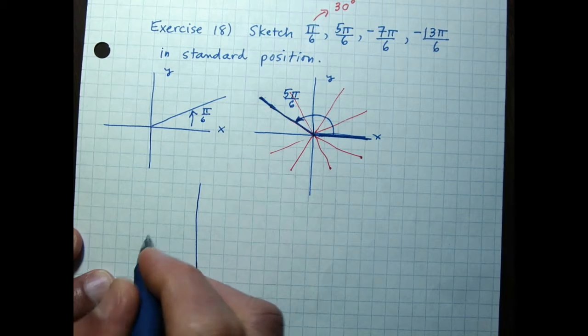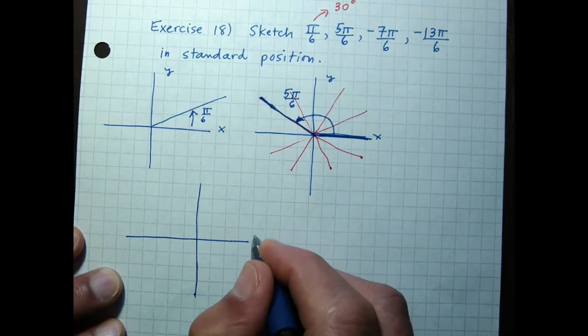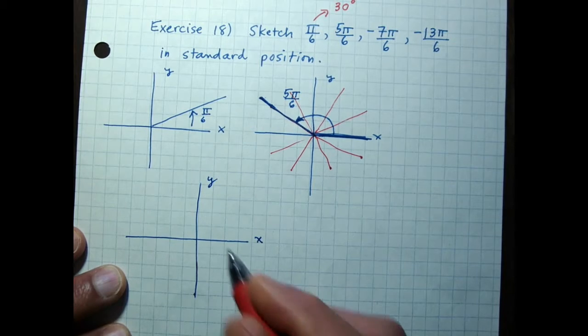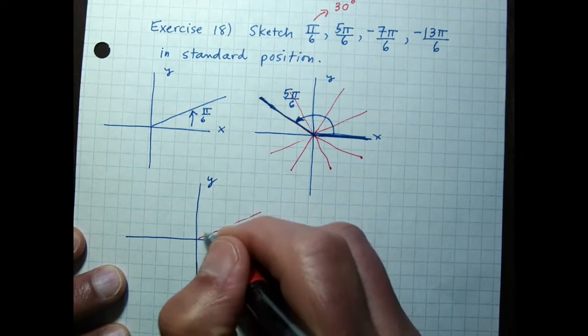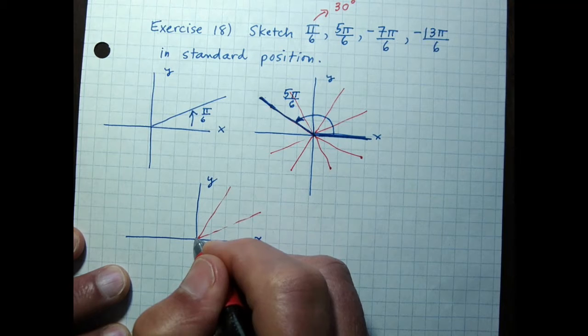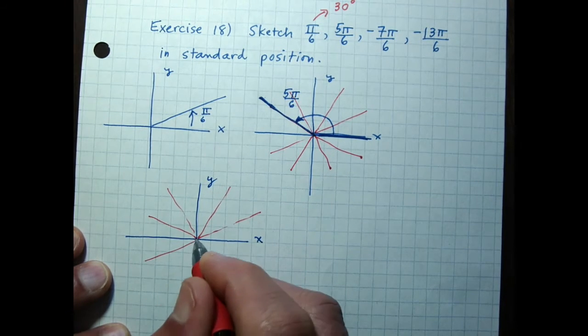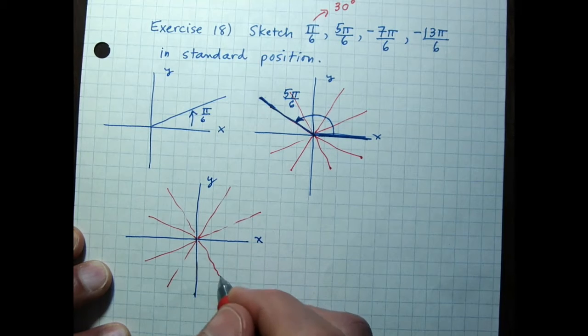Let's do negative 7 pi over 6. Eventually you should be able to just imagine these red markings without having to draw them in, because I think it is sort of clutter.